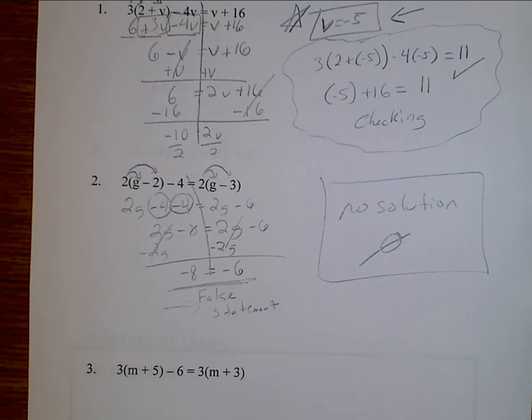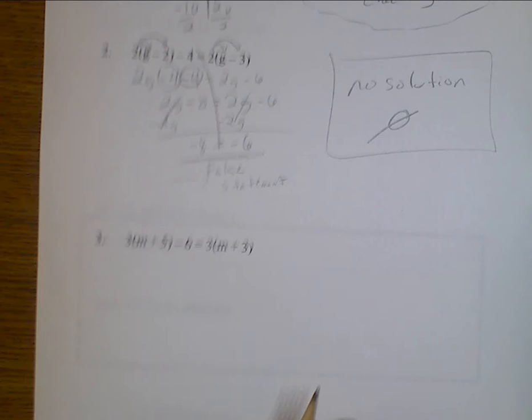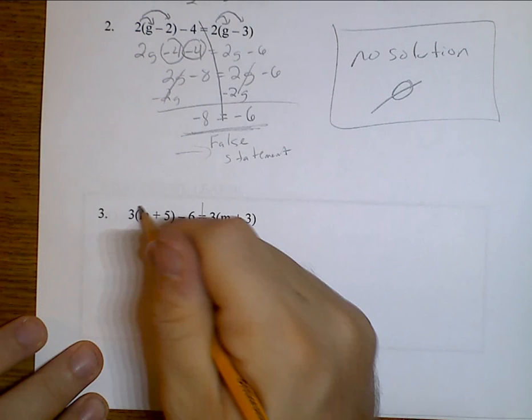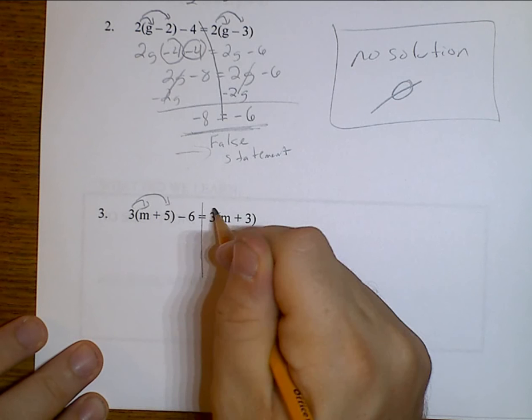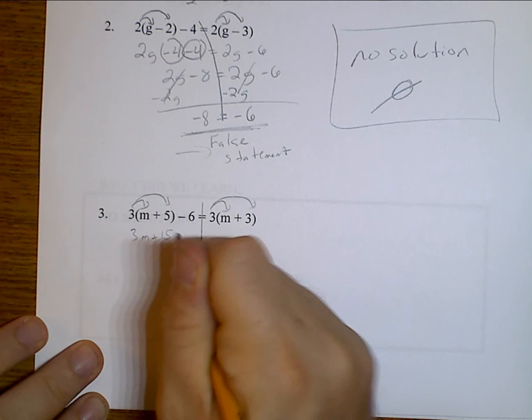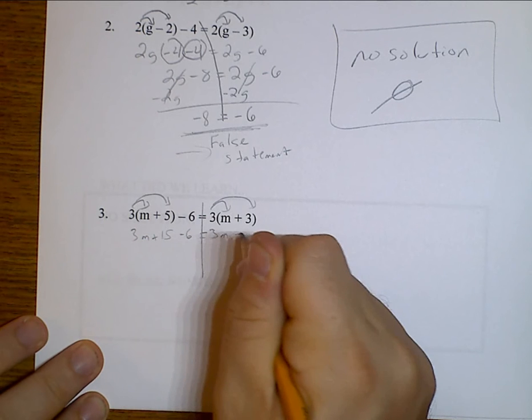Now let's go ahead and have a look at example number 3. Again, we're going to distribute. 3m plus 15 minus 6. 3m plus 9.